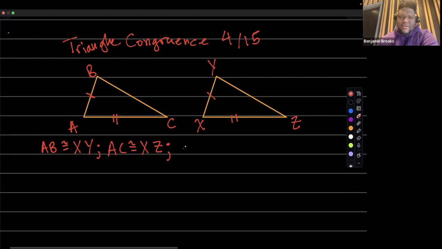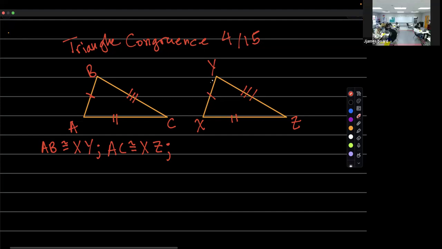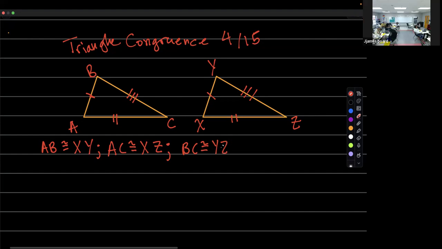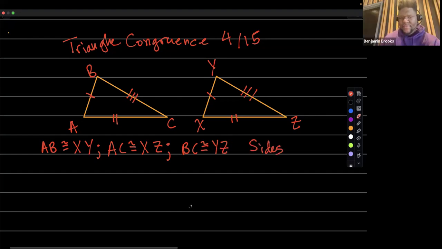And for the last set of sides, what should that statement be? BC is congruent to YZ. Right, BC is congruent to YZ. And these are our sides.